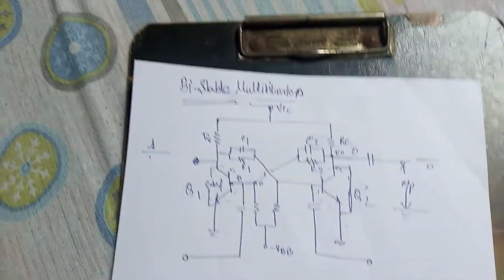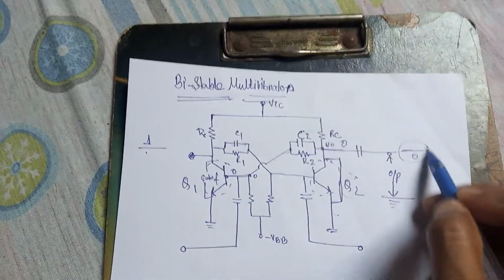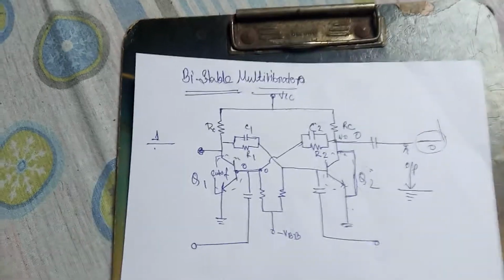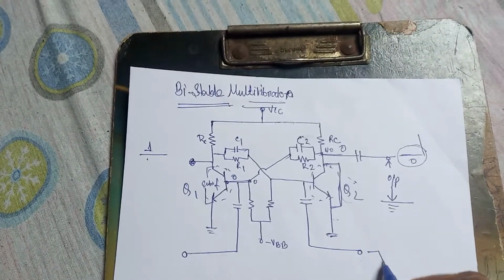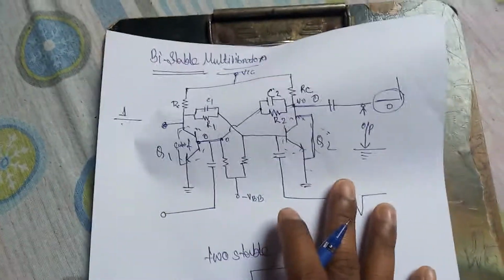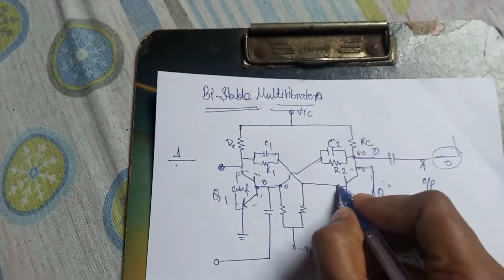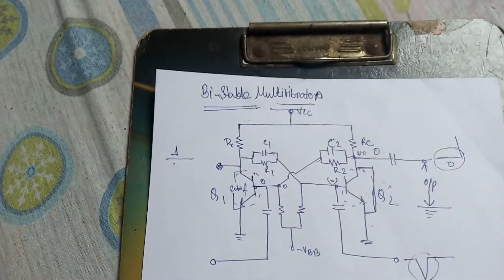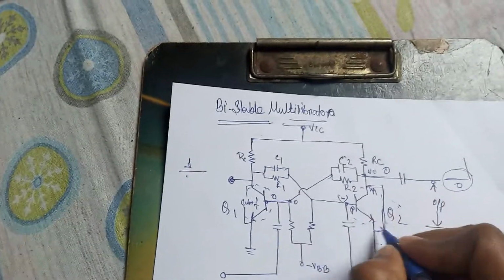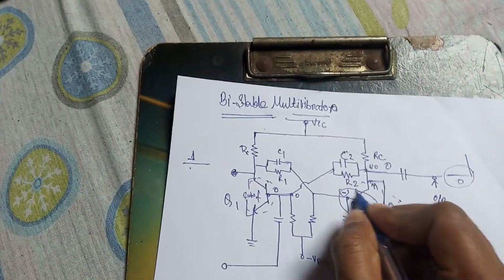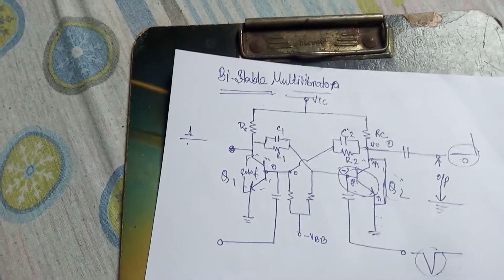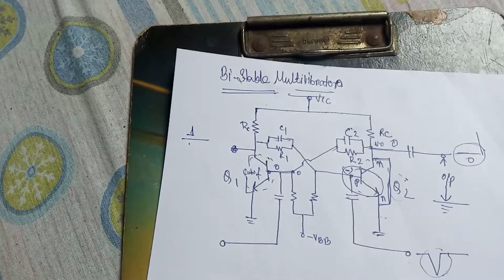Now if we want to change the state from 0 to 1, we apply a negative trigger here. Why a negative trigger? If we apply a negative trigger, the voltage here will be negative, and as it is an NPN transistor, transistor Q2 will be in reverse bias. Reverse bias means it will be in the cutoff region.